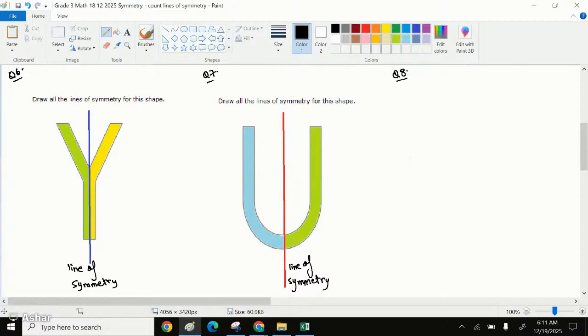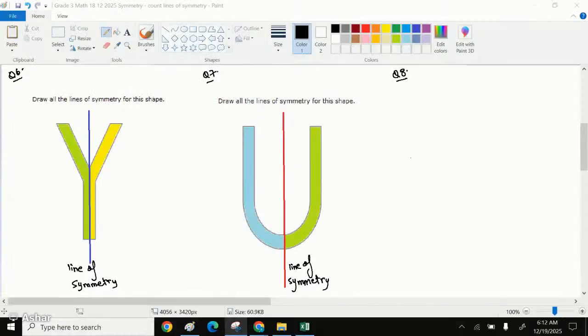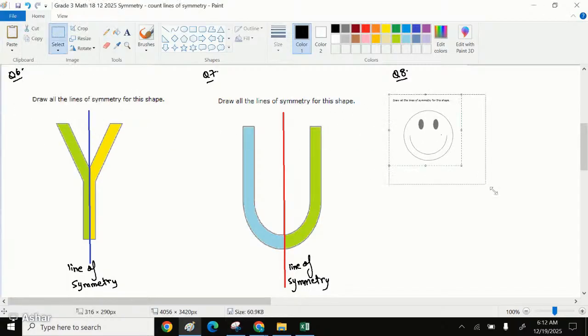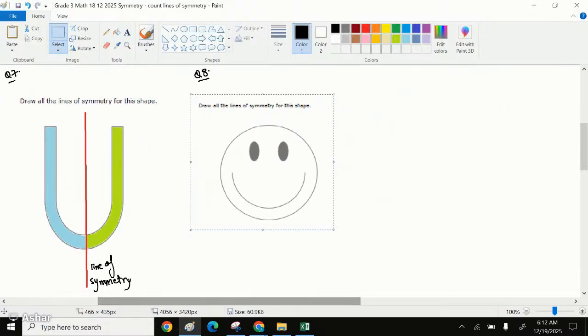Okay, the next question, we go to the website. The next question shows a shape, not an alphabet. So let's see if this emoji has a line of symmetry. Can we say that this emoji has a line of symmetry? Because we see a smiley face and we see two eyes over here.